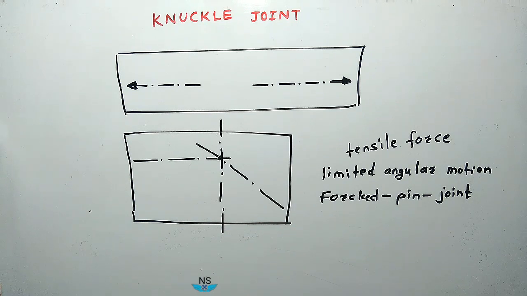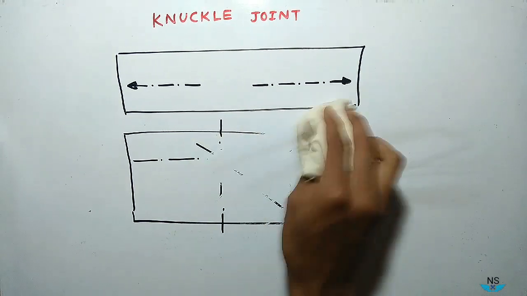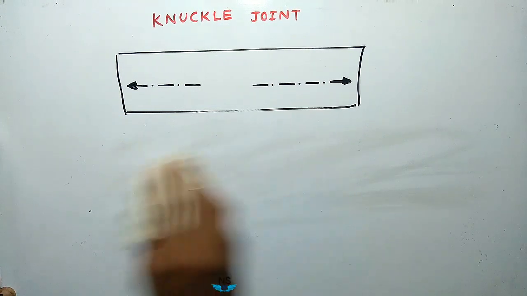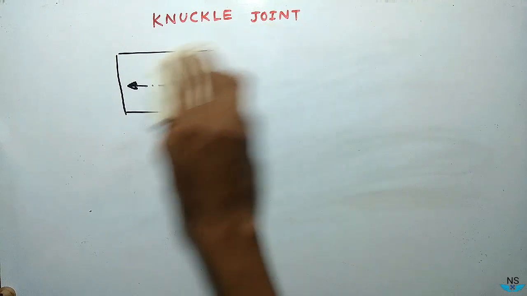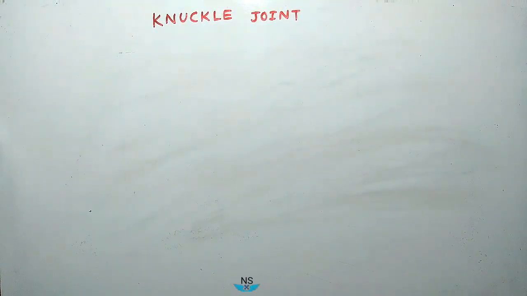Now what are the applications of knuckle joint? Let us see. In a tractor you may see this joint. In tractors, the tractor and trolley are connected by using knuckle joint.